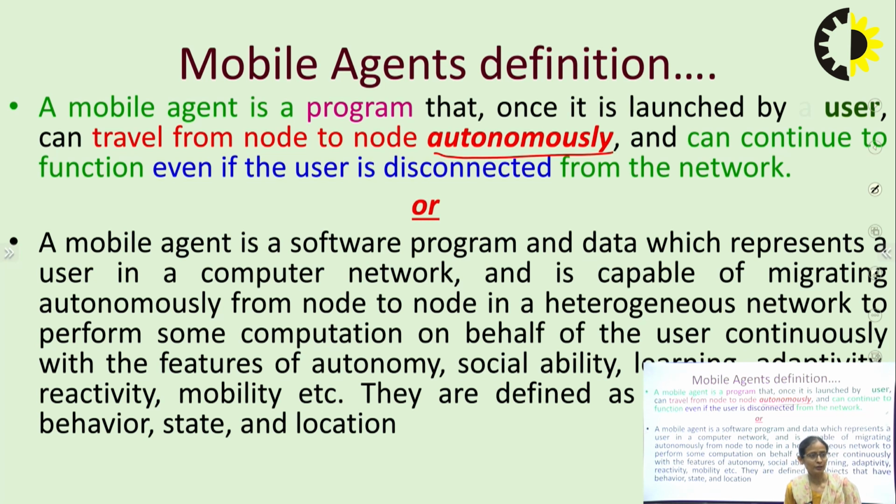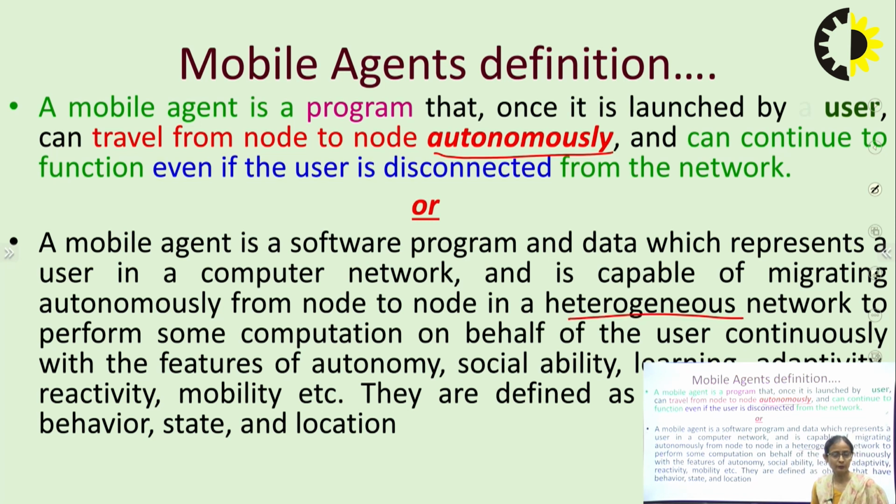There is another definition for the mobile agent. A mobile agent is a software program and data which represents a user in a computer network and is capable of migrating autonomously from node to node in a heterogeneous environment.